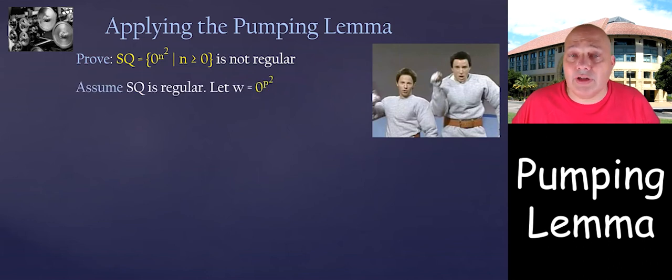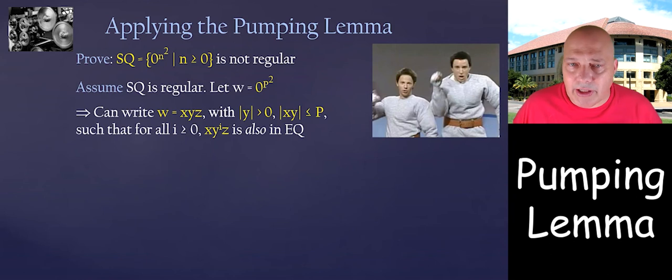So again, let's assume that SQ is regular. It means that there exists some p of the pumping lemma. And let's look at the word 0 to the p squared. So p squared zeros. This string is definitely of length at least p. It's larger than p, and therefore the pumping lemma holds for it.